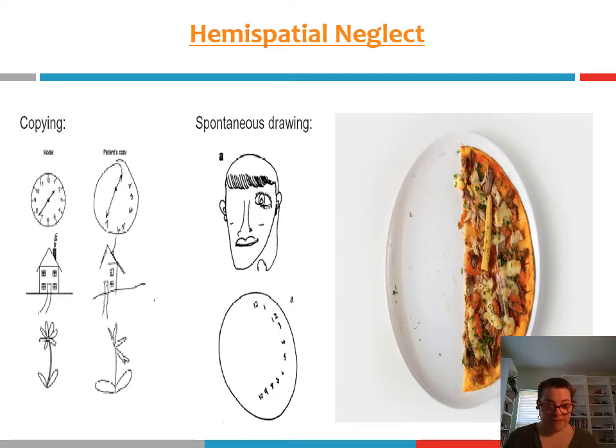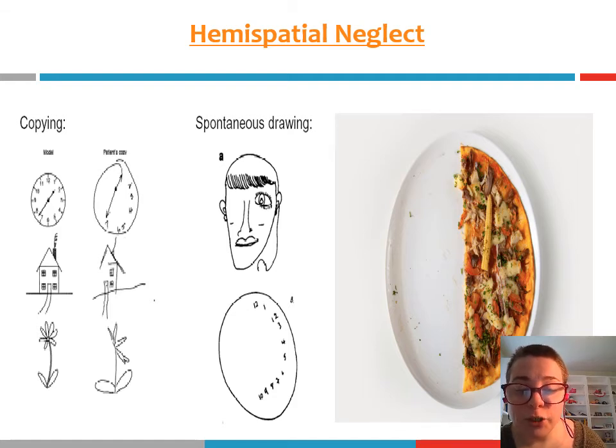So all of that is to say, if you damage the left hemisphere, you can still rely somewhat on your right hemisphere to help you perceive the right side of space. Whereas if you damage the right hemisphere, your right hemisphere is solely responsible for the perception of the left side of space, right?